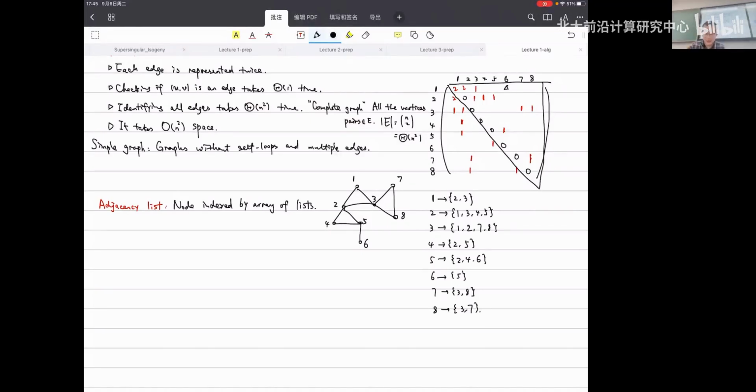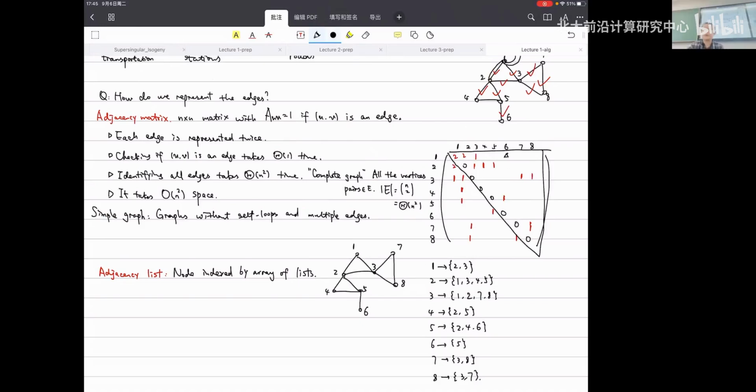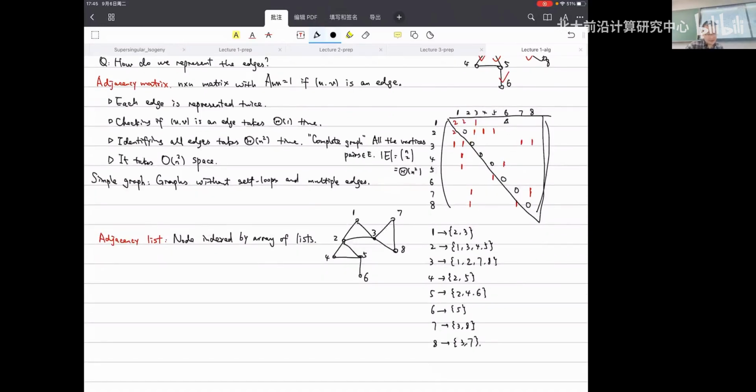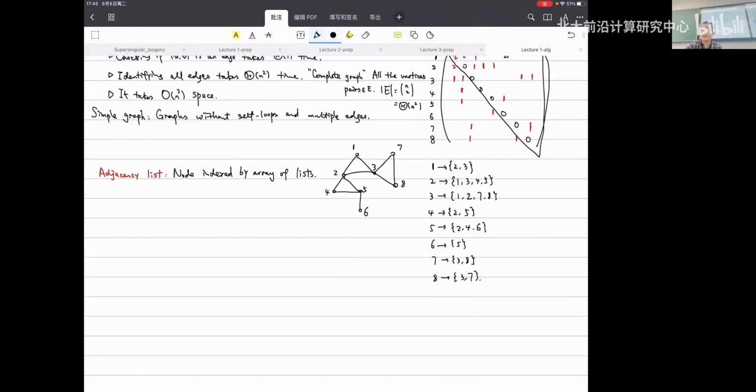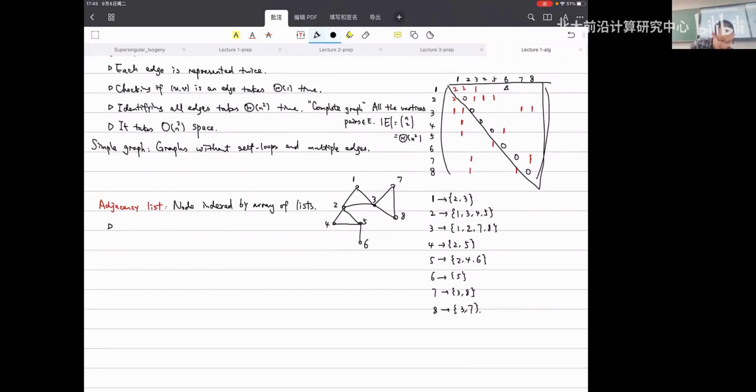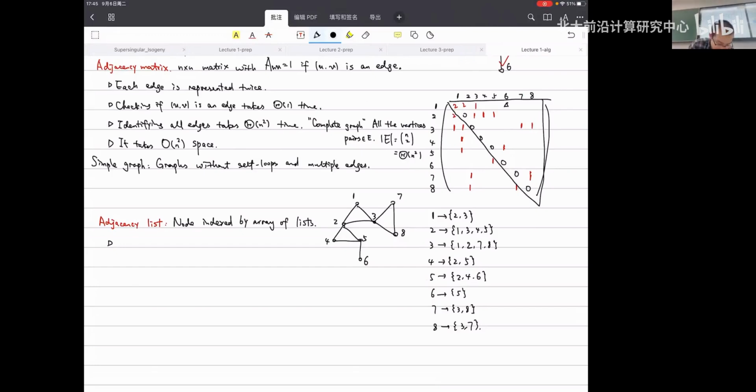So you see that what is getting stored is quite different compared to the adjacency matrix model. In the adjacency matrix model, we store a matrix, but in the adjacency list, we store a list at each vertex. So how should we understand this? In this adjacency list model, the first point we talked about for the adjacency matrix is the representation, and here you can also see that each edge is represented twice.